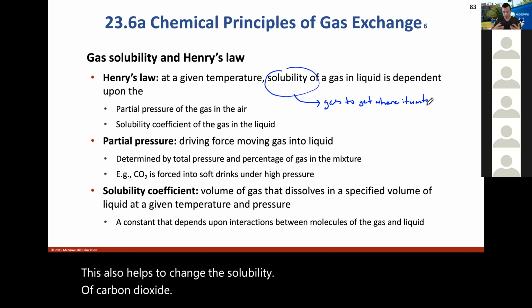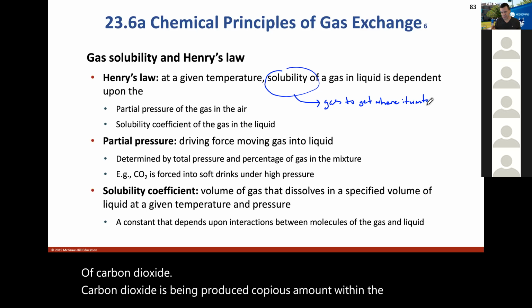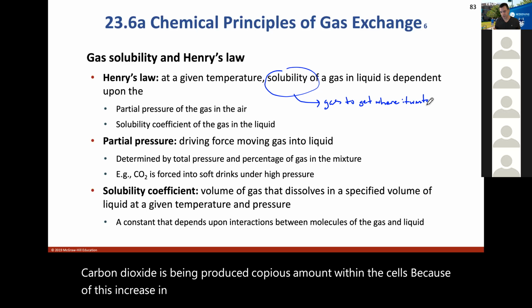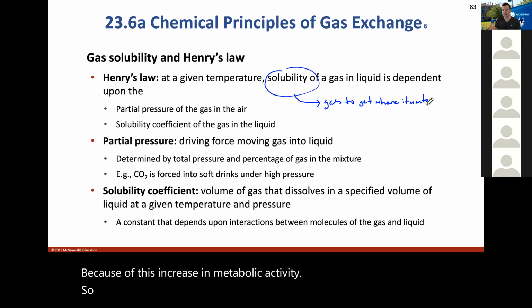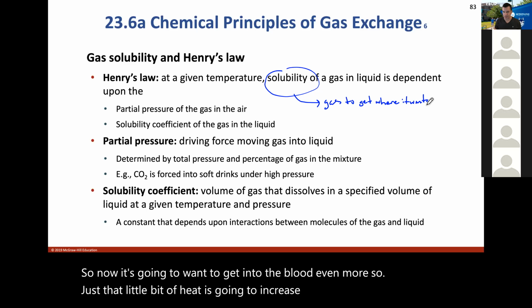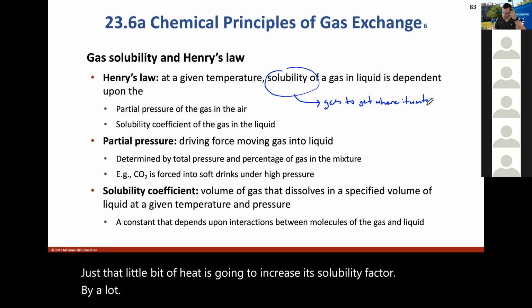Carbon dioxide is being produced in copious amounts within the cells because of this increase in metabolic activity, so now it's going to want to get into the blood even more so. Just that little bit of heat is going to increase its solubility factor by a lot.